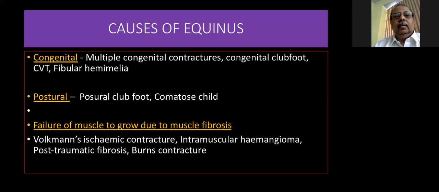What are the causes of equinus? The common thing that we get is club foot, that is congenital. Then you get multiple congenital contractures, arthrogryposis, congenital vertical talus, fibular hemimelia, and so many other congenital conditions can lead to equinus. Postural club foot, or a comatose child, or failure of the muscle to grow due to muscle fibrosis, as in Volkmann's ischemic contracture, post-traumatic fibrosis, intramuscular hemangioma, or burns contracture.